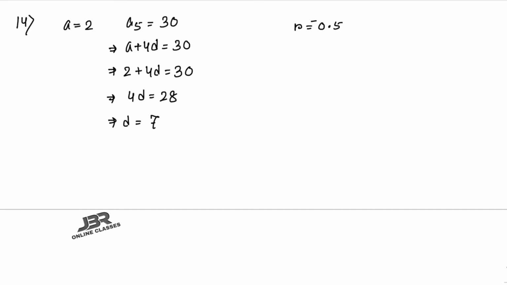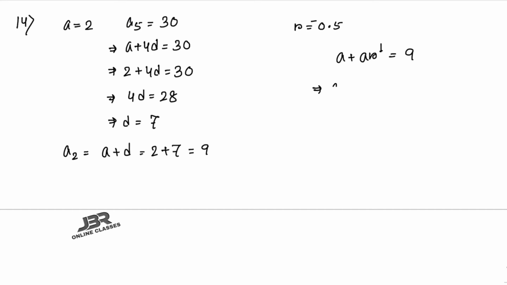Find the first term of the geometric progression. So that means a plus a r to the power 1 equals the second term. So here you have to find out the second term, that means a2. So a2 means a plus d. Okay, so it means 2 plus 7, that equals 9. So write down here 9.